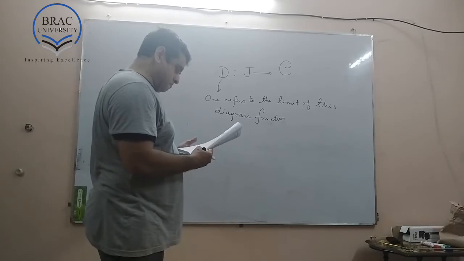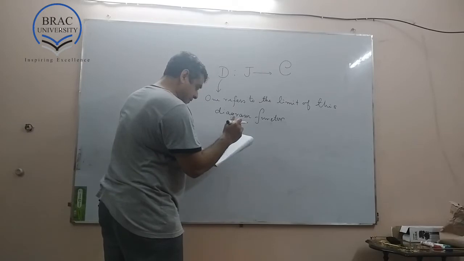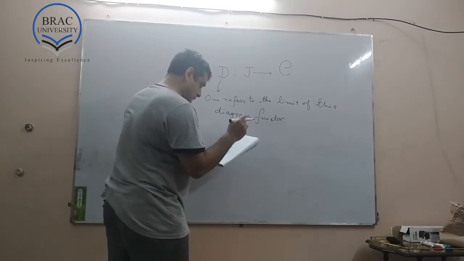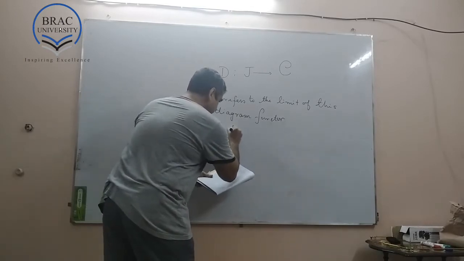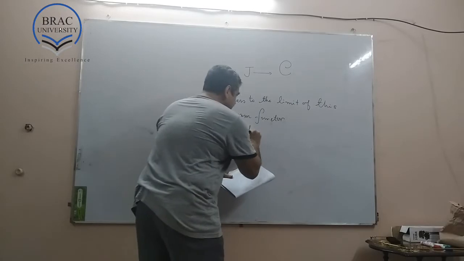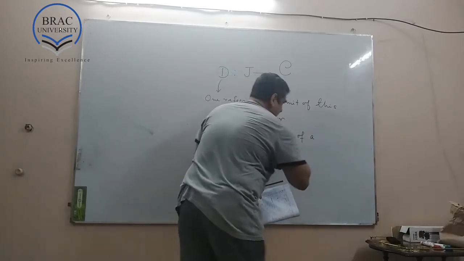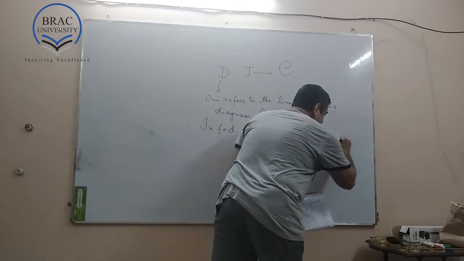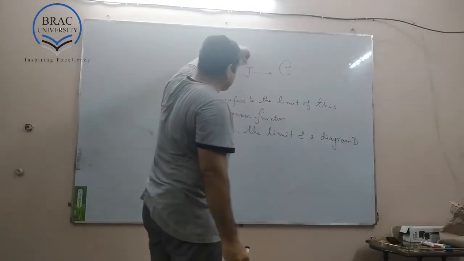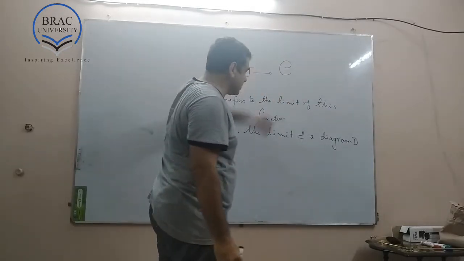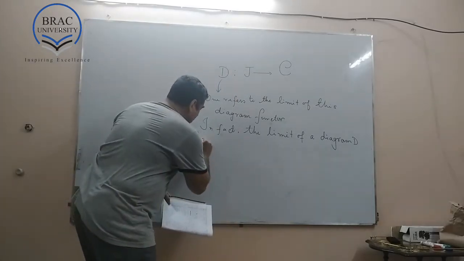Another thing is that the limit of a diagram D, which is nothing but a functor from the index category to the given category C, is a terminal object.